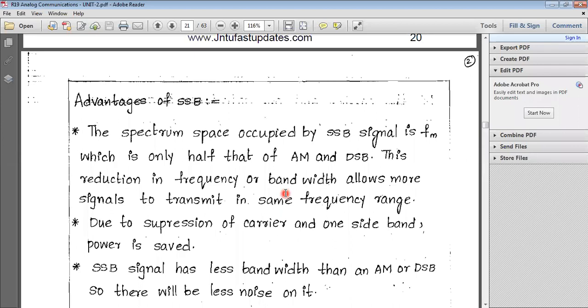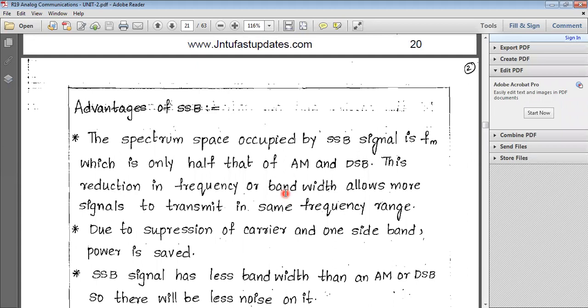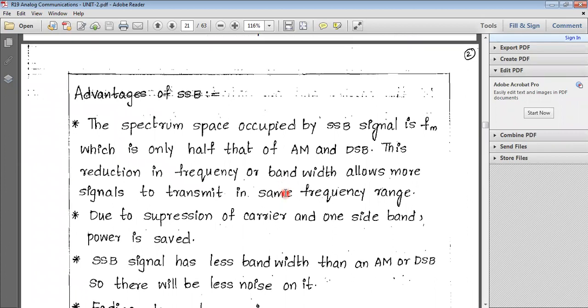According to the spectrum, what is the bandwidth of SSB? FM. Very good. The required bandwidth of SSB is FM. But in case of DSBSC and AM, it is 2 FM. So here the bandwidth is very, very less.